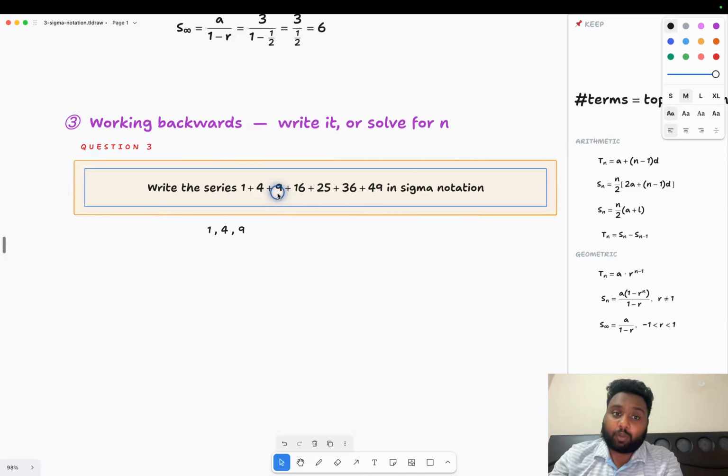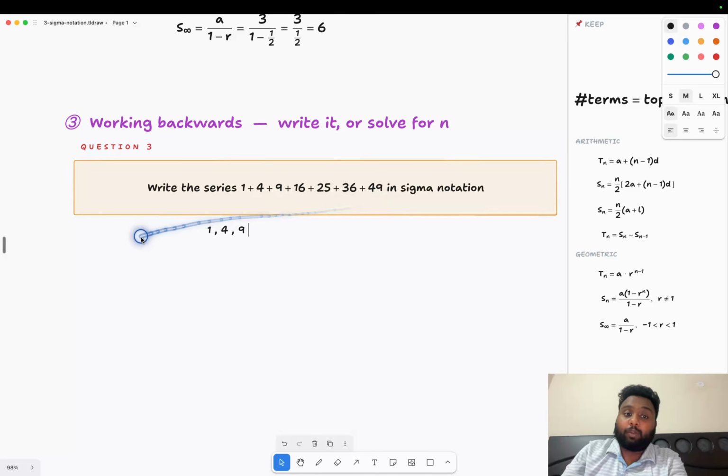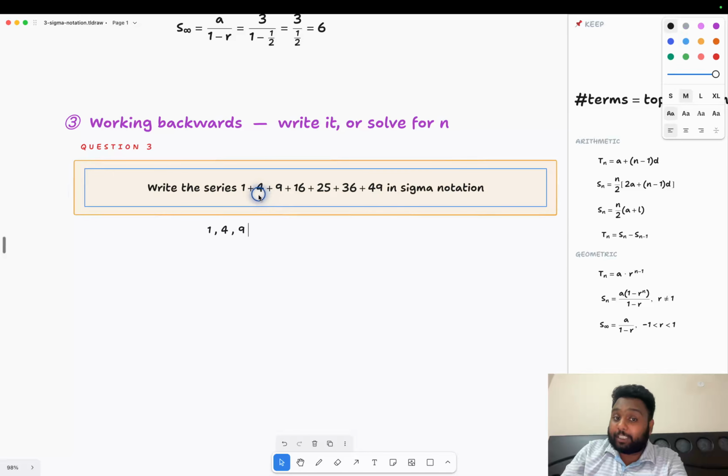I want you to think about how all of these numbers are perfect squares and how we can use that to find a general term that represents any of these numbers in this series using a generalized formula. Because these are squares, and at each position it's the square of what position it is.